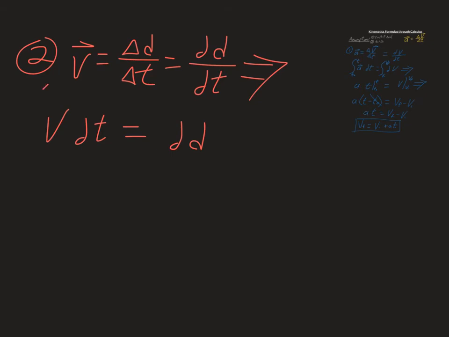I'm then going to make my integrals, right? I need to put that across something, so this is t naught to t, and this is going to be just my d initial to my d final. But then I'm going to make a substitution, something that's a little bit odd if you've taken calculus.